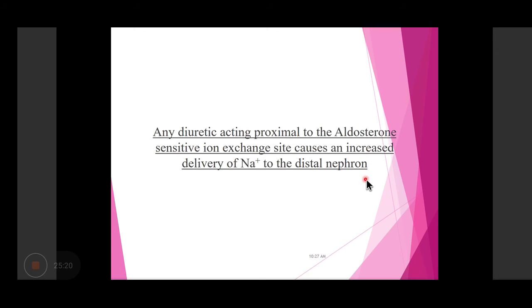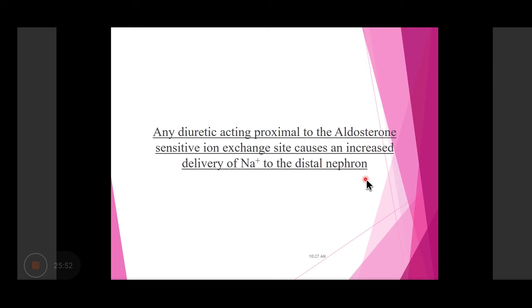So what does this mean? It means that any diuretic which is acting on a site before site 4, which means site 1, site 2, or site 3, which is the PCT and the ascending limb, is preventing the reabsorption of sodium from that site.